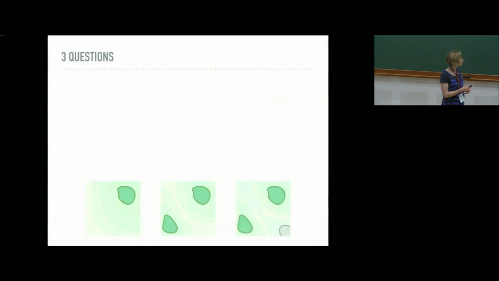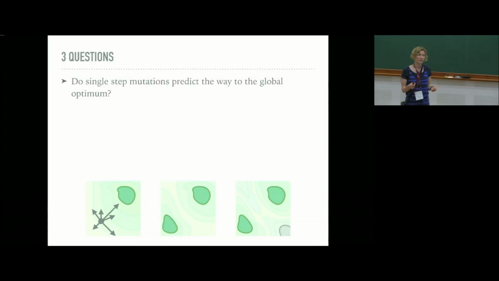So then we asked 2 questions in this study. The first one was, if we only knew the single mutation effects, could we predict how we can go to the optimum in the fitness landscape? Going back to the earlier question, if we had only this distribution of fitness effects from the beginning, would it be enough to tell us where we can get if we combine several of them?